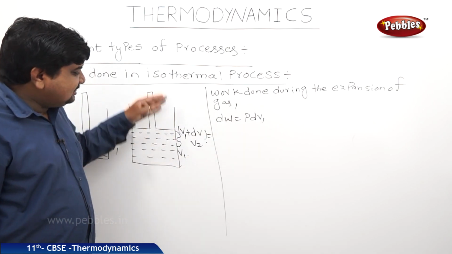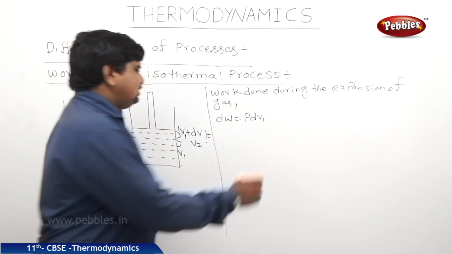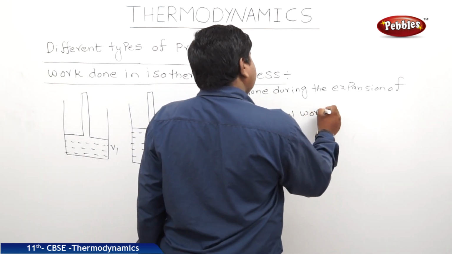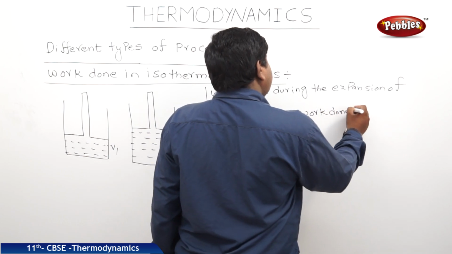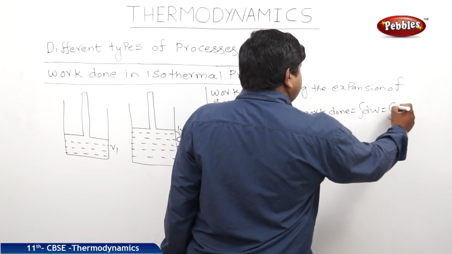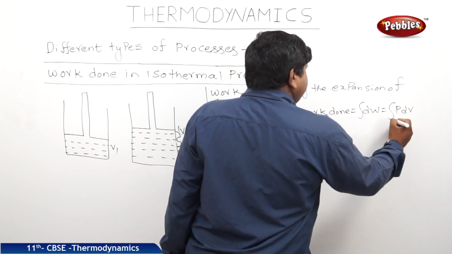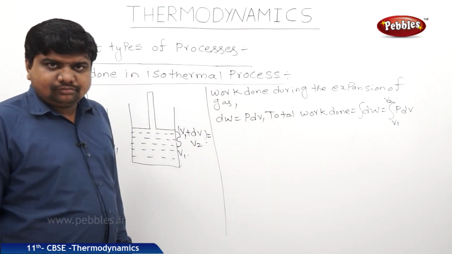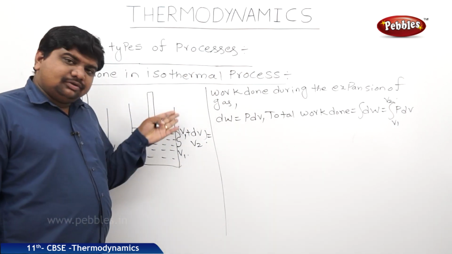If the volume changes into the higher level, then the total work done is equal to integral dW, that is equal to integral P dV between the limits V1 to V2, because volume has changed from V1 to V2.